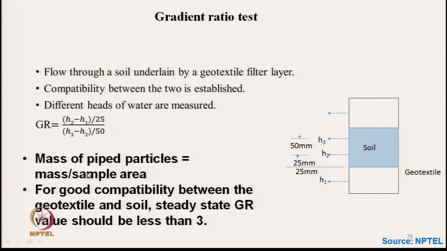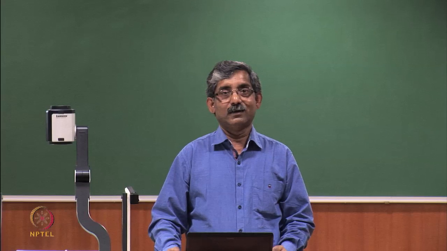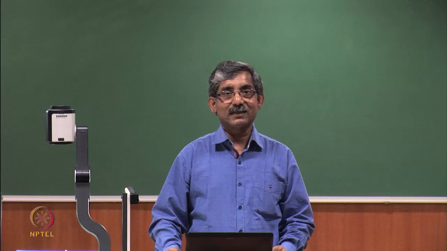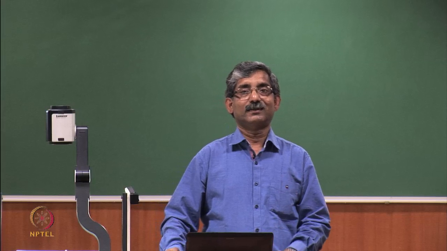The mass of piped particles equals mass per sample area. Per unit sample area, the mass of soil passing through the geotextile can also be measured. For good compatibility between the geotextile and soil, the steady state gradient ratio should be less than 3.